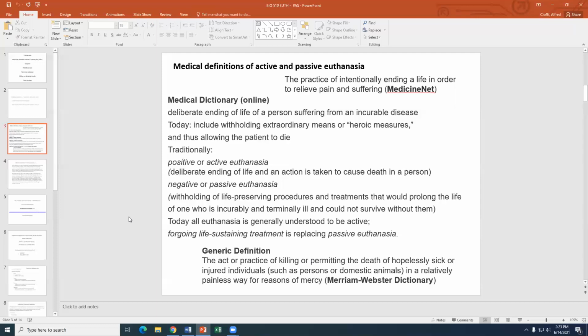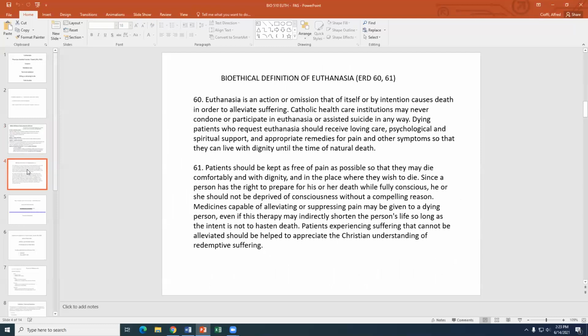I want to look a little bit at euthanasia from the principal perspective that I'm covering in this class. And so I'm using two ERDs, 60 and 61. You can see from the numbering that they are in the end of life section or part, all right? So first, the definition itself: euthanasia is an action or omission that of itself or by intention causes death in order to alleviate suffering.